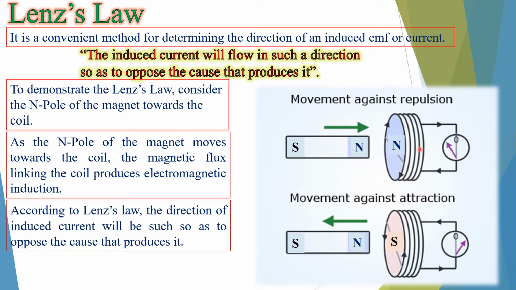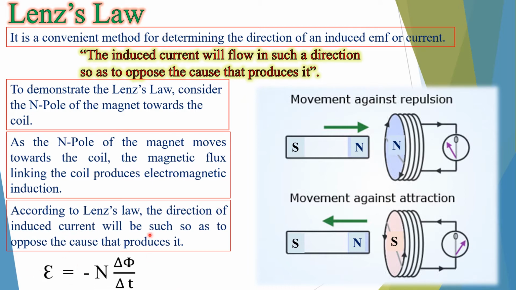So to oppose the movement of this magnet towards the coil, the coil will induce a current such that it will increase the magnetic field and behave like a north pole, because the north pole of the coil will oppose the north pole of the magnet and oppose the movement of the magnet.